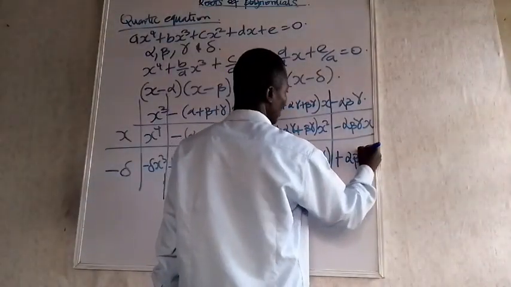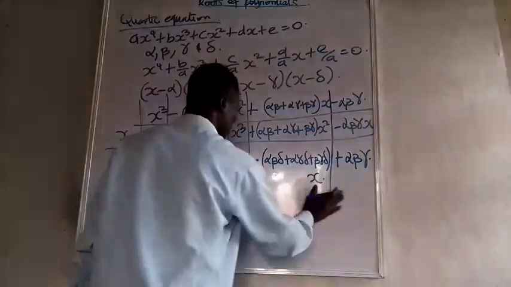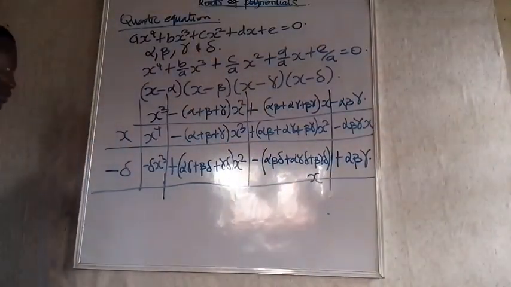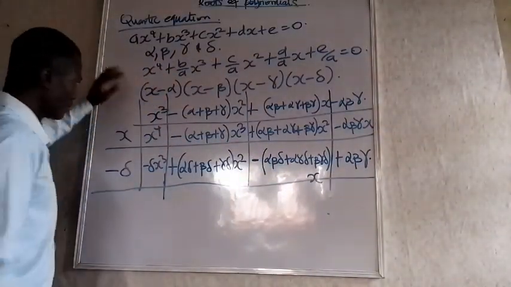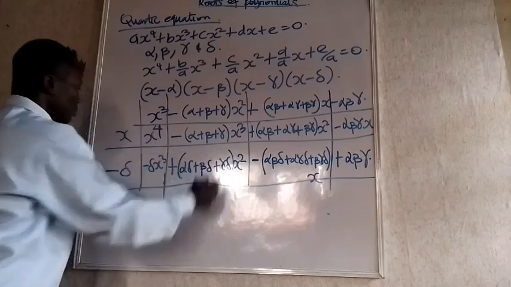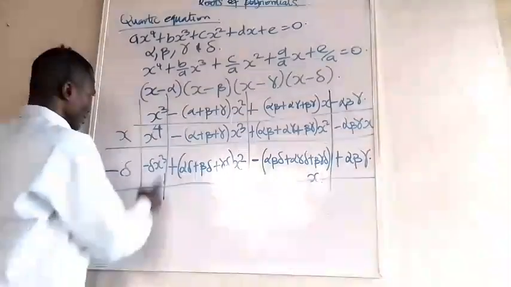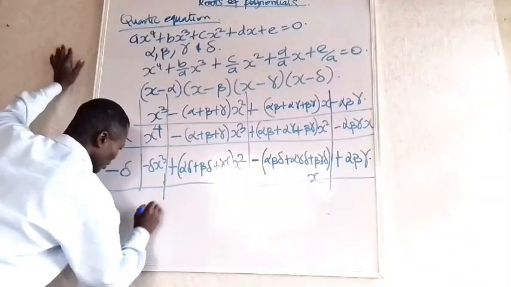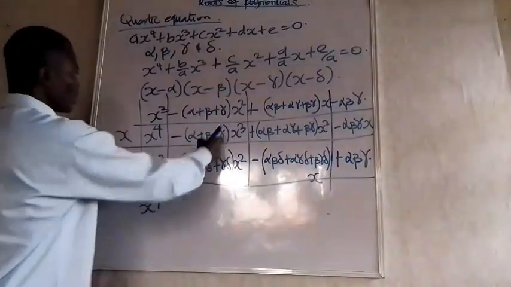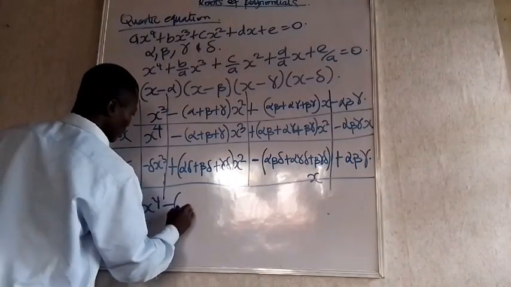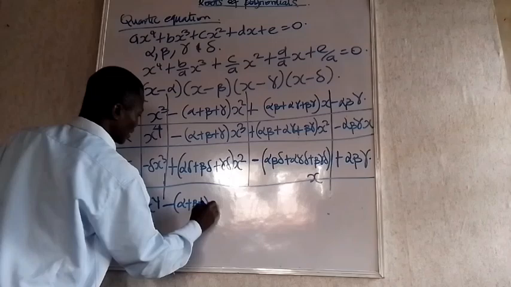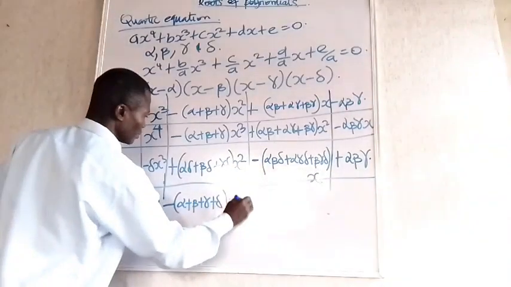alpha beta gamma delta. Now let me organize it according to the powers of x and their coefficients. So we are going to have x raised to the power 4. This one will join this. It will now give us minus alpha plus beta plus gamma plus delta x cubed.